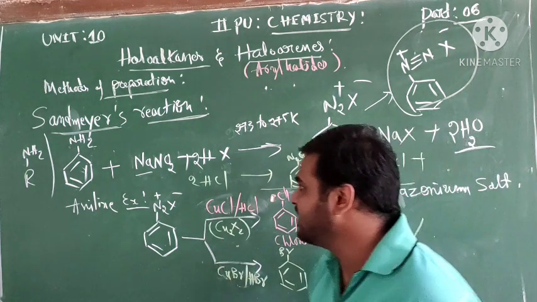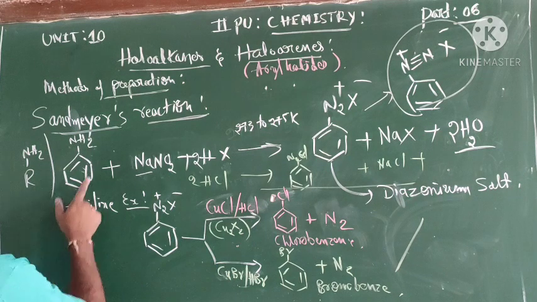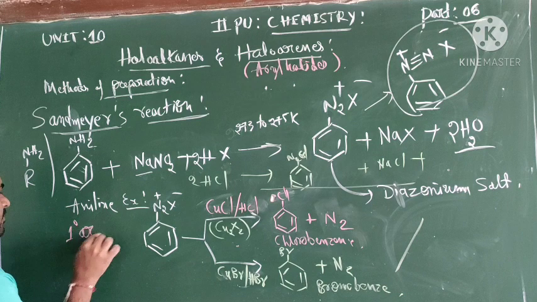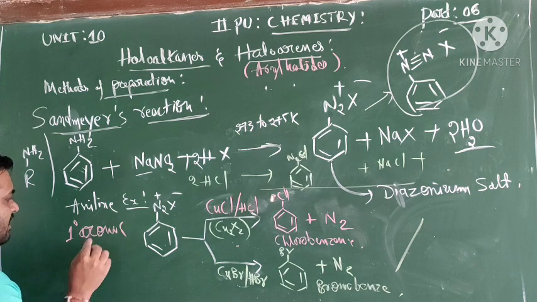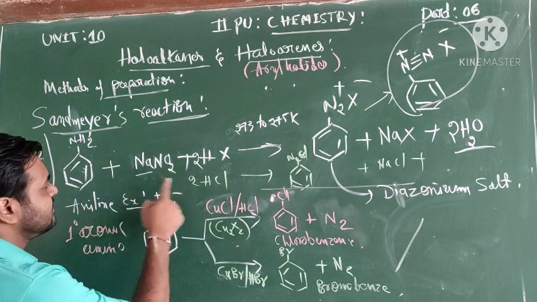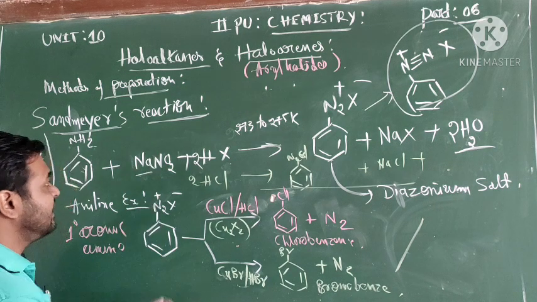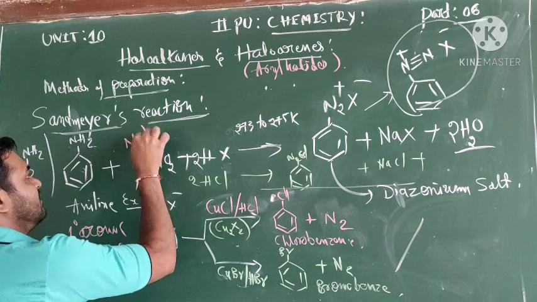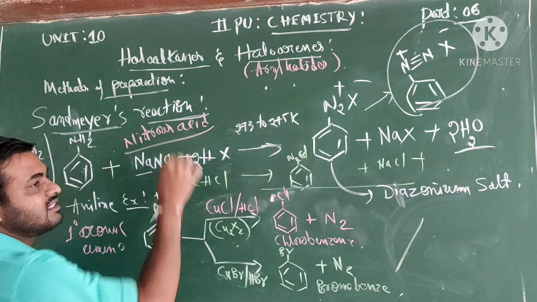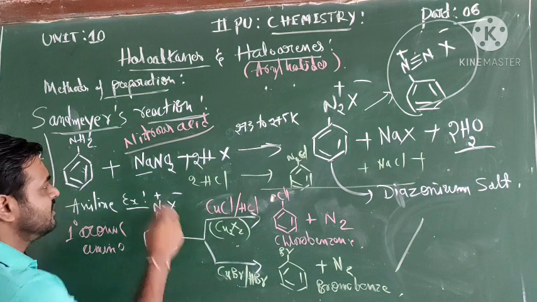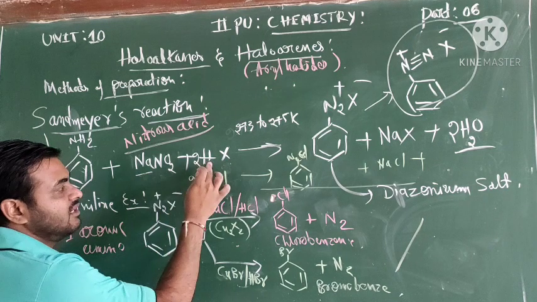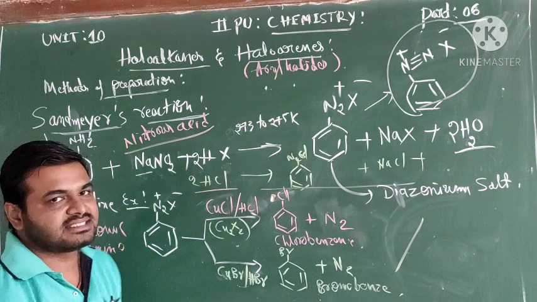Okay, students, may I explain it again? This is called what? Primary aromatic amines such as aniline. This reacts with nitrous acid. This nitrous acid we prepared from sodium nitrite and mineral acid, HCl, hydrogen chloride.